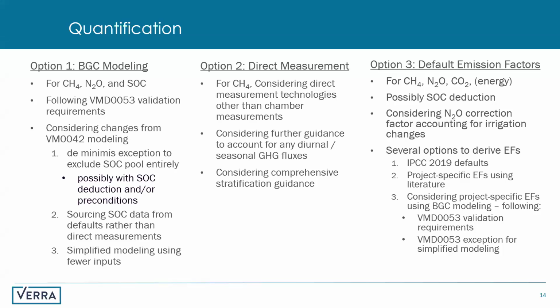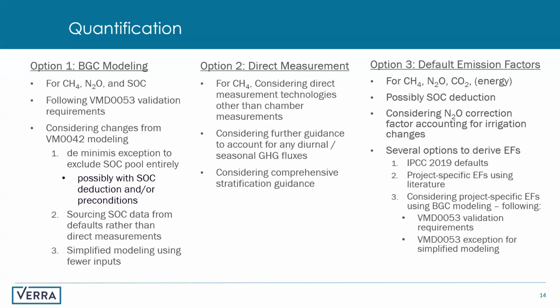And then down the bottom, just a list of specifics. So again, IPCC 2019 updates. We're also looking at an option for projects to develop their own emission factors using literature. And then lastly, we're also exploring the option for project developers to develop emission factors using biogeochemical modeling.